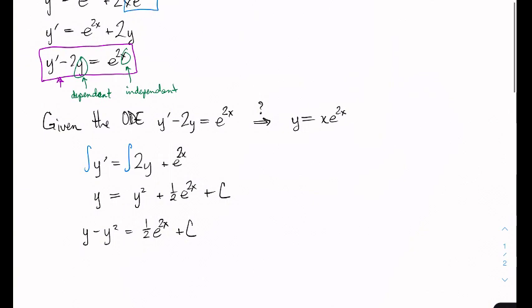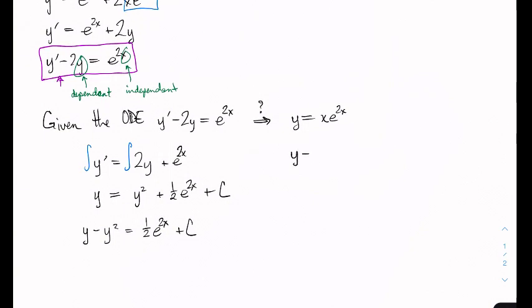So coming from that formula, y minus y squared would be x e to the 2x minus x squared e to the 4x. And there is absolutely no way that these things are going to be equal. Heck no.